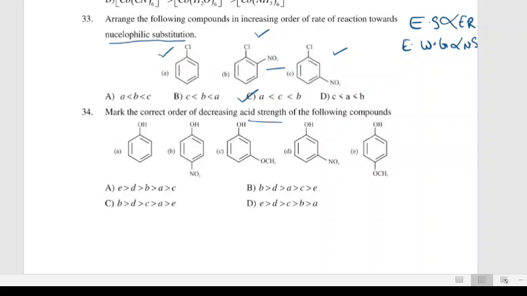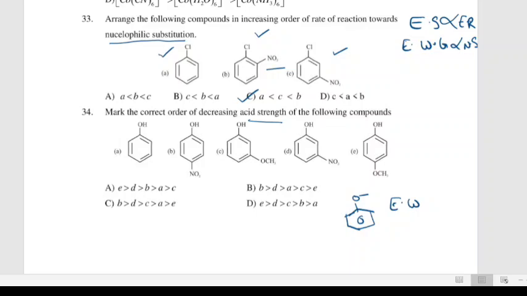Now, how to check the acidic strength for this type of question: the one which readily liberates the H plus ion will readily form a phenoxide ion. This phenoxide ion is stabilized by electron withdrawing groups.